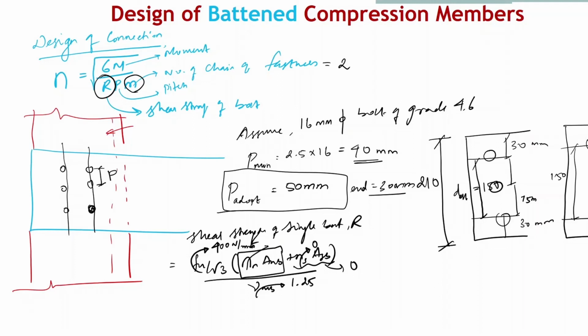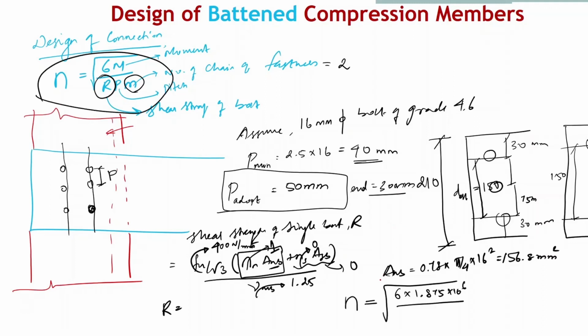So my Nn is 1 and Anb is 78% of shank area, 156.8 mm square. If I substitute Anb, Nn, Fu and gamma mb, the shear strength of single bolt I am getting is 28.97 kilonewton.